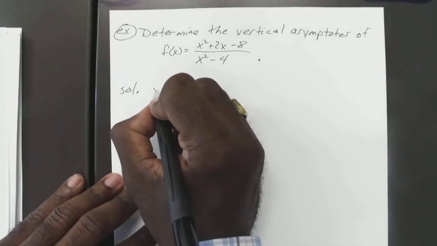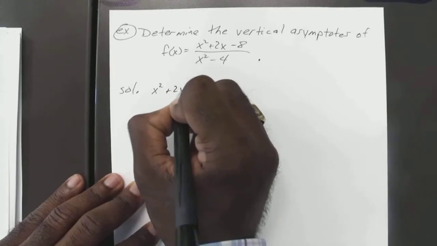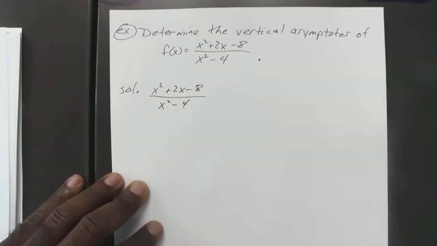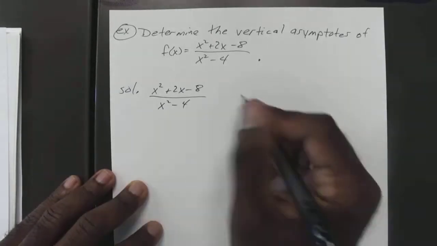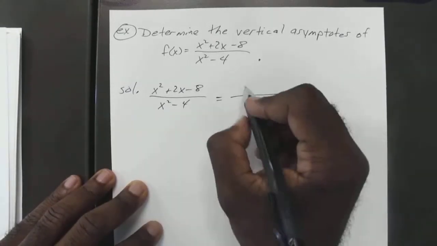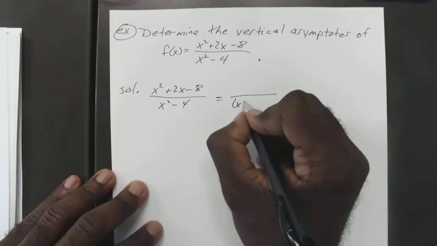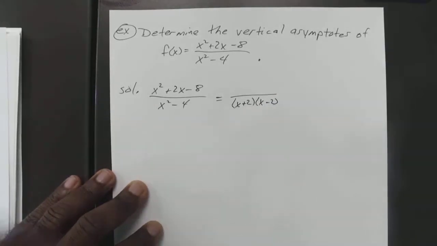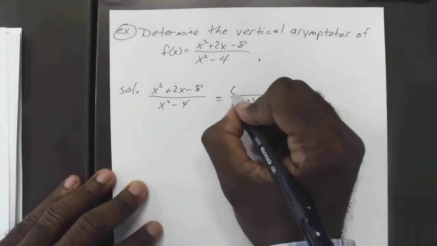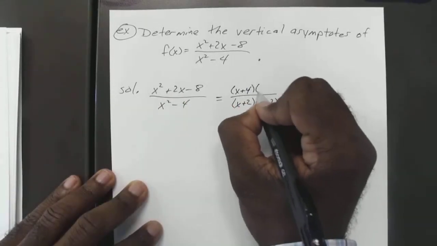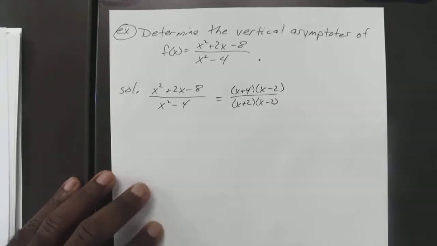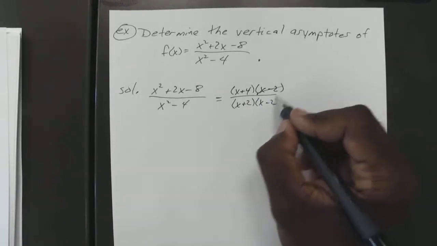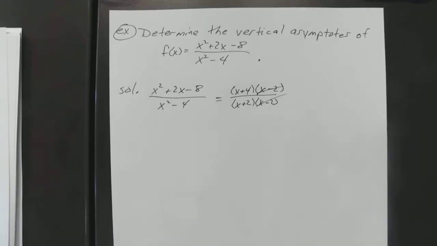Okay, so if you have x squared plus 2x minus 8 over x squared minus 4, again this is the difference of squares. So you have x plus 2 times x minus 2, and this can be factored to x plus 4 times x minus 2. Okay, so you can actually remove the x minus 2.